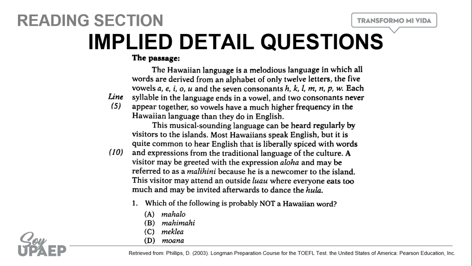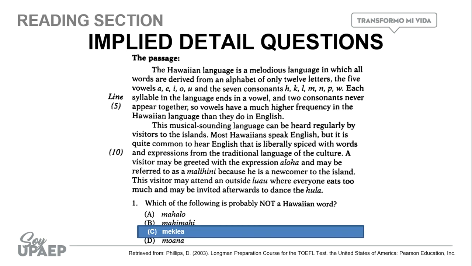Okay? So you have 4 options to answer this question. We have Mahalo, Mahimahi, Meklea, and Moana. From the information that we got from the first paragraph, we can infer that the word that is probably not a Hawaiian word is Meklea, letter C. Why? Because in the paragraph it says that 2 consonants never appear together.